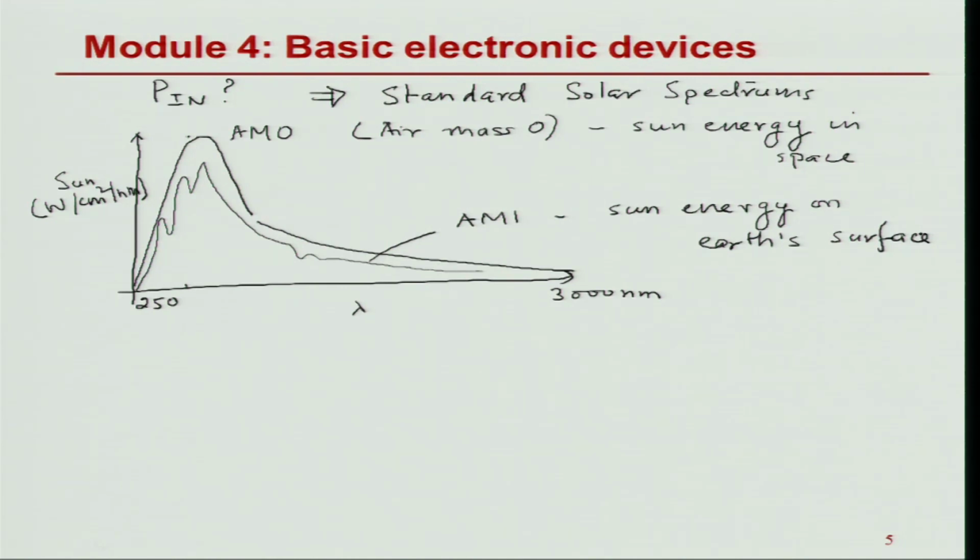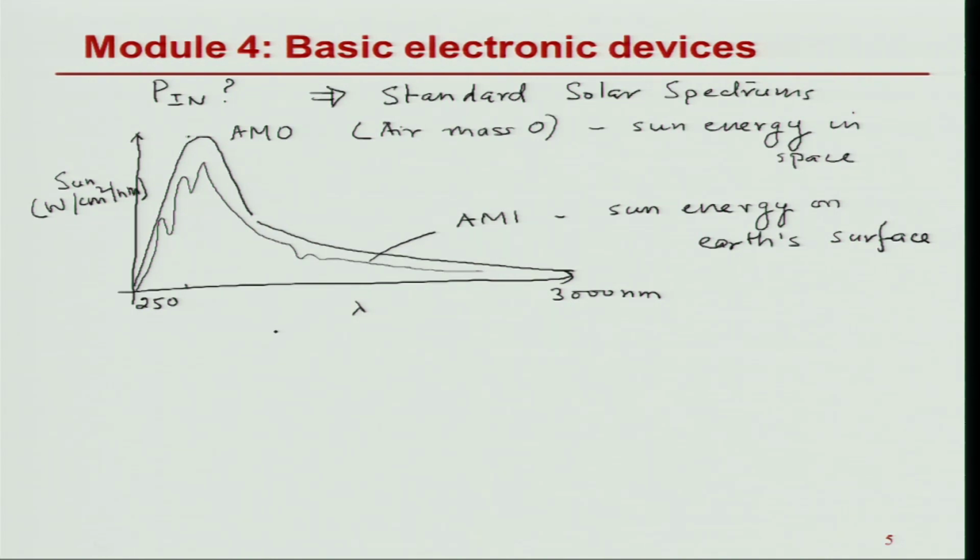But whenever we report the characteristics of a solar cell, we will have to define under what solar spectrum and energy we are reporting it, so that it can be compared with the results of other people. So now that we have some standard information about solar spectrum, there are equipments who simulate this solar spectrum and against which one can measure the efficiency of the sun.